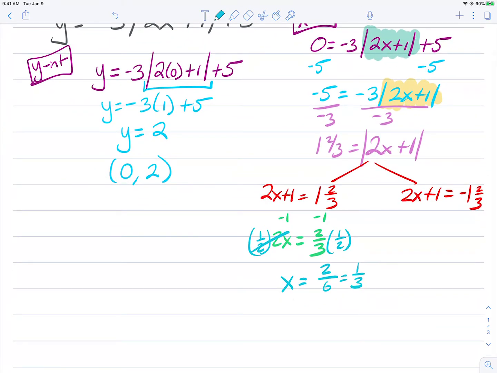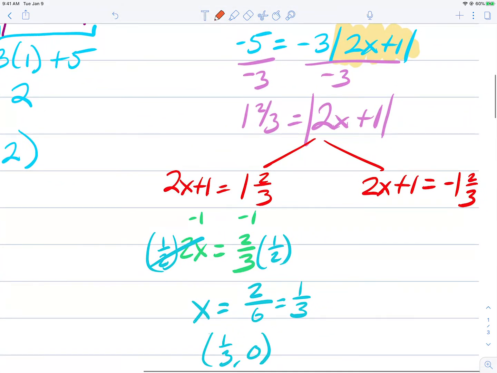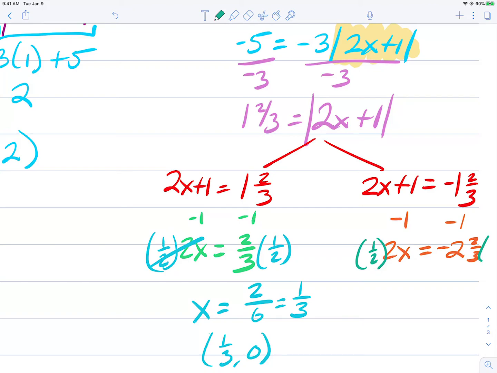It's at (1/3, 0). For our other one, I'm going to subtract 1 from both sides and get 2x equals -2 2/3. And then I'm going to multiply both sides by 1/2, which is the same as dividing by 2. And x equals, and I need to do a little bit of work here.